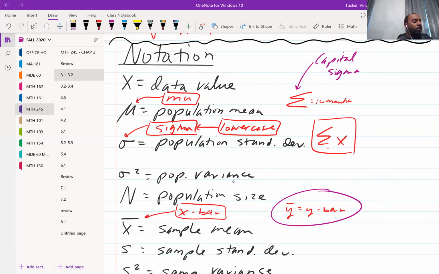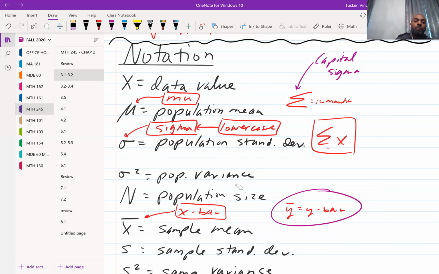No matter what you're dealing with, X is your data value. Notation is going to be important because you will get certain symbols that will let you know what you're dealing with, whether it be your population or the sample. I just mentioned population variance and population standard deviation versus your sample variance and your sample standard deviation.